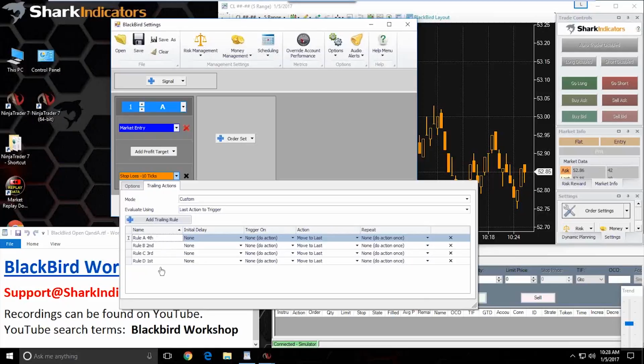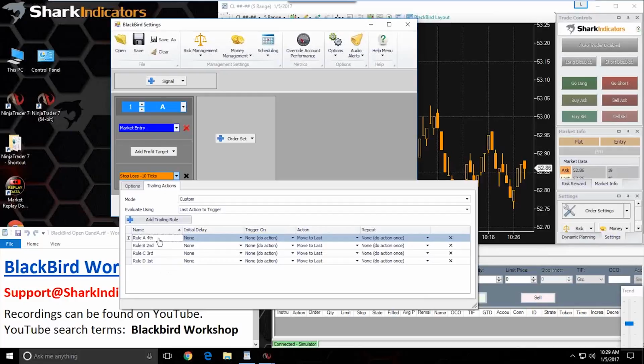So all four rules get evaluated at the same time. Yes, all four rules will be evaluated when the bar closes, but really what I'm talking about is that only some of these rules will actually try to execute, right?